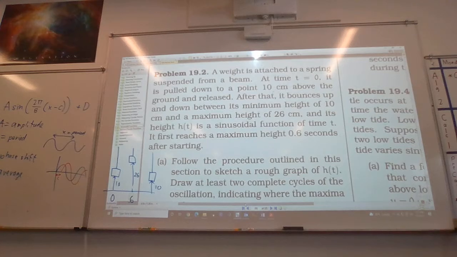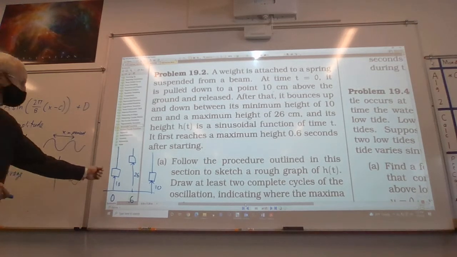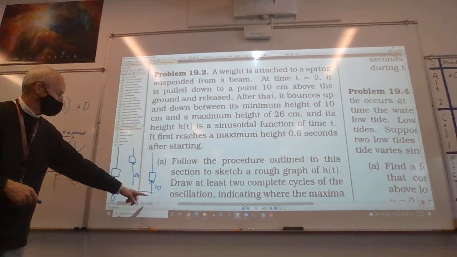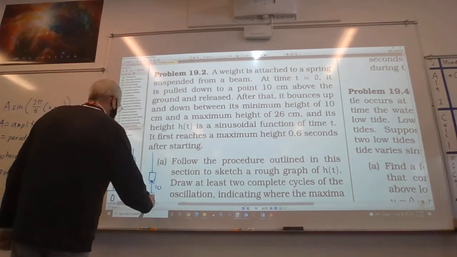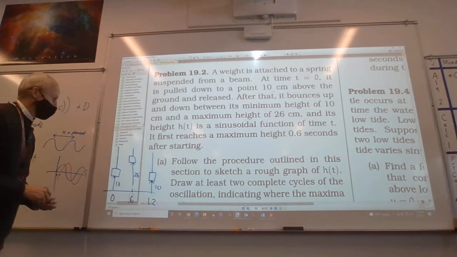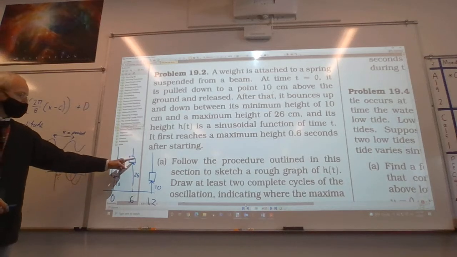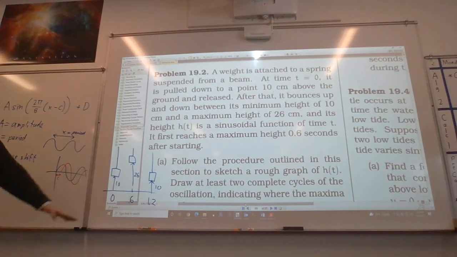That's it, right? At time 0, we pull it down to 10, let it go, it goes to 26 at 0.6. Right here, we know this is 1.2 seconds. Every 0.6 seconds it goes up, then back down here at 1.2, back up at 1.8. Do you get the idea?